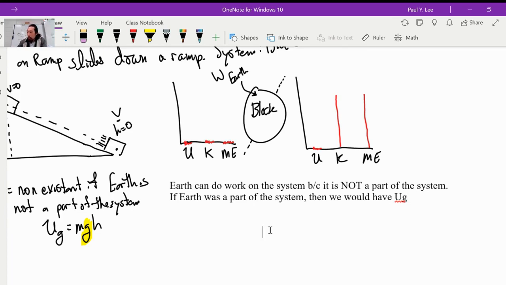Okay? So with that statement being made, let's just come up with the formula. I'm going to draw it right here. We would say the work of the Earth is equal to the kinetic energy. Now, this was the lab that we first started off with, the toy cars on the ramp, right?